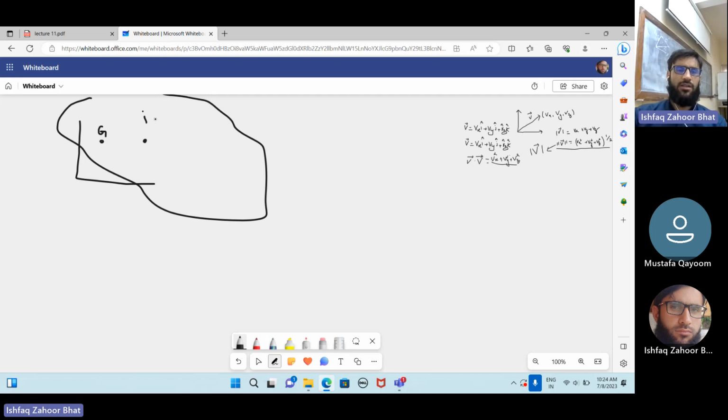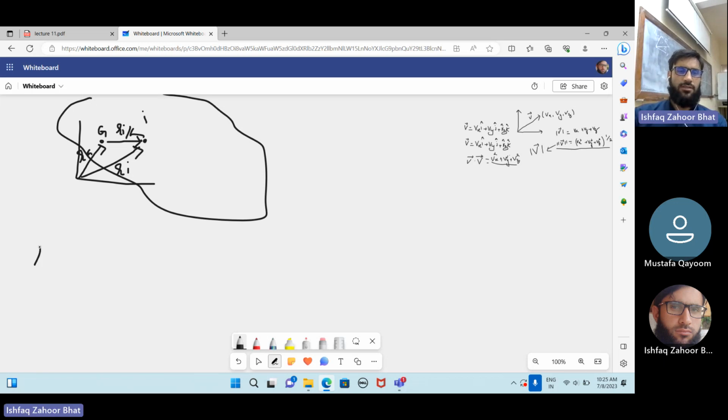I am taking some ith particle among this system, and I am considering the center of mass for the system, which is G. By geometry, you may ask how G can be here, but I have drawn it like this, and maybe more particles are on this side, so let's assume G is here. So this is R_g, and similarly this is R_i, and this is R_i with respect to G.